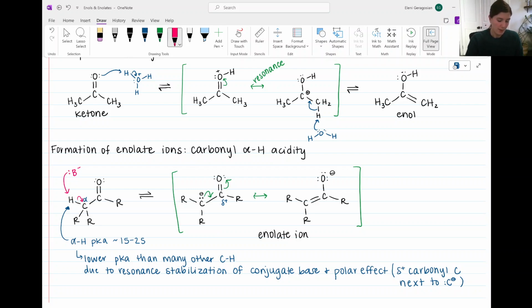Now you might imagine, and in the future we'll talk about this, in this structure here we have a carbon with a negative charge with non-bonding electrons. This is a nucleophilic carbon.